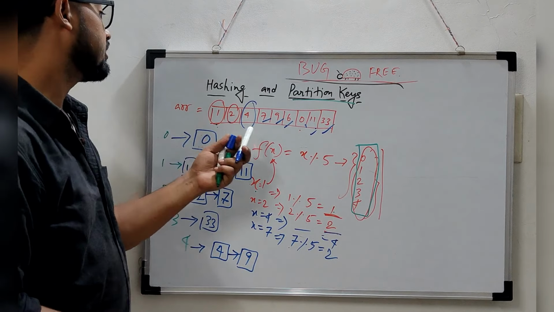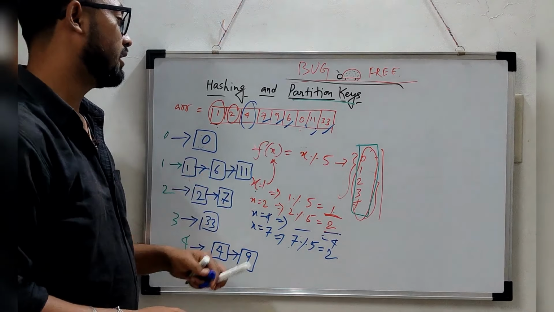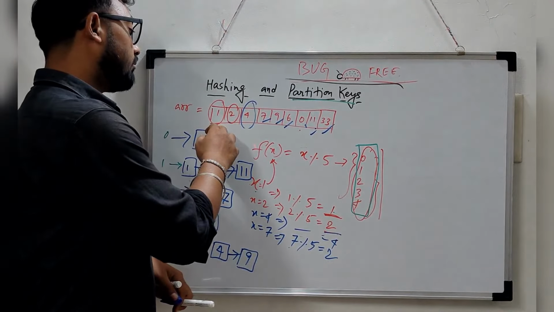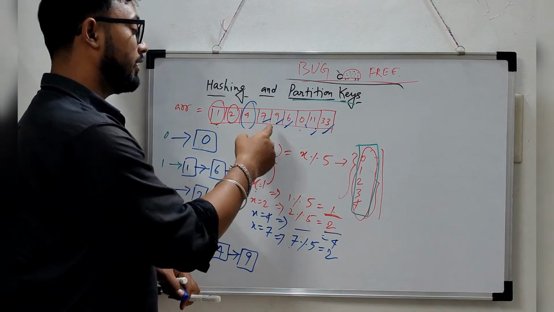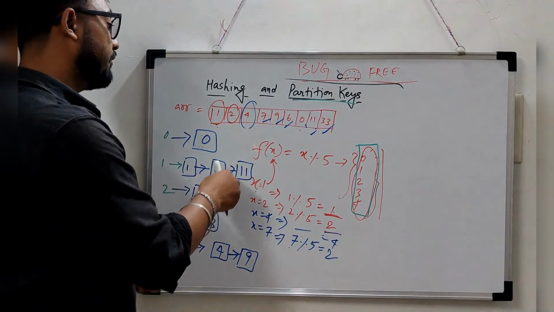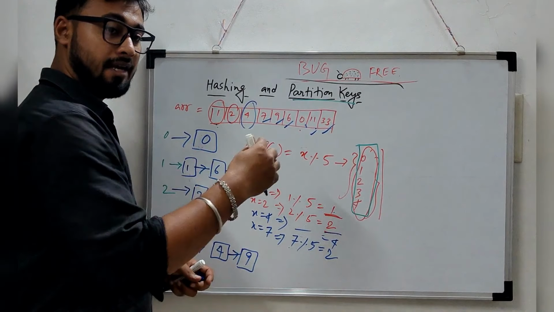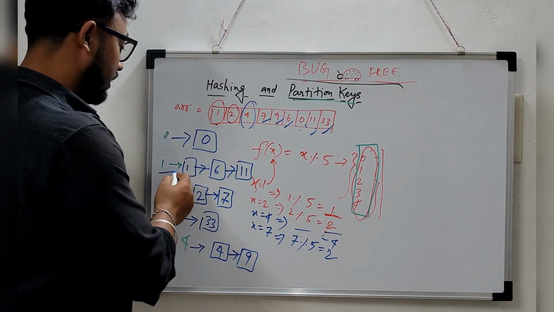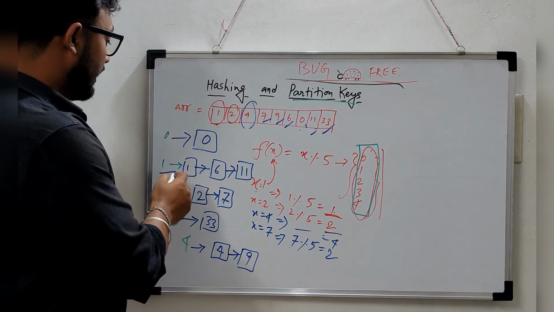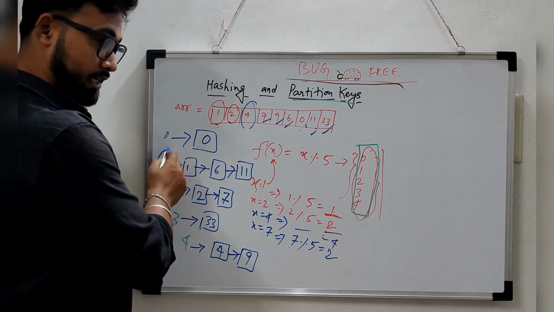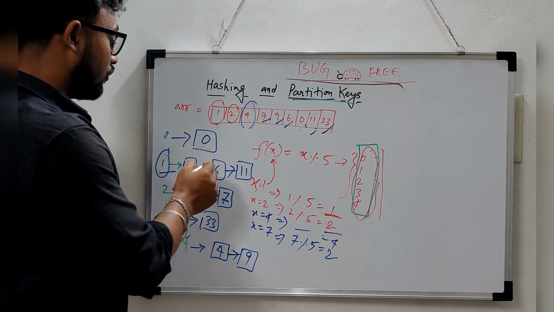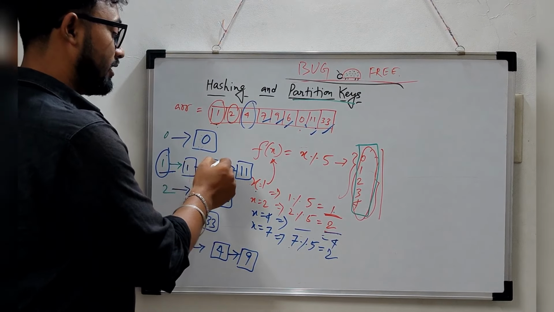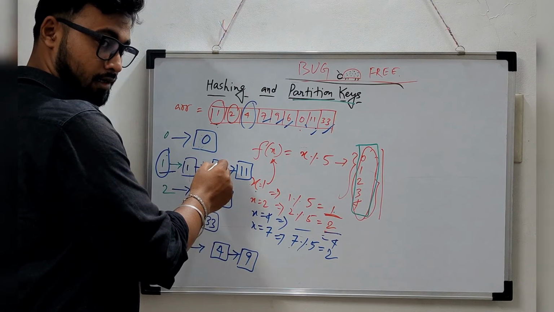Now if you want to search, suppose we want to search 6, instead of going the normal way, we can simply take the value 6, apply the hash function, and get the partition key. Here it is, right? In this key you went here, first element, traversed here, second element, 6, right?